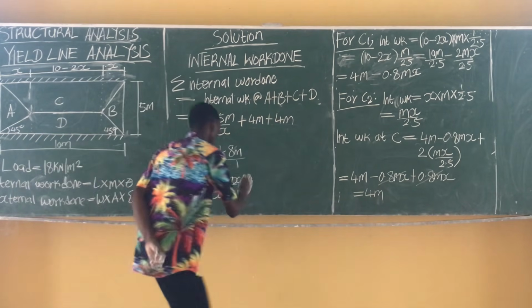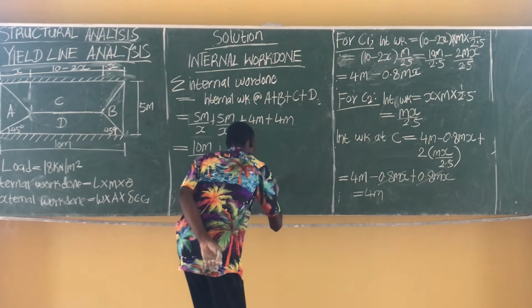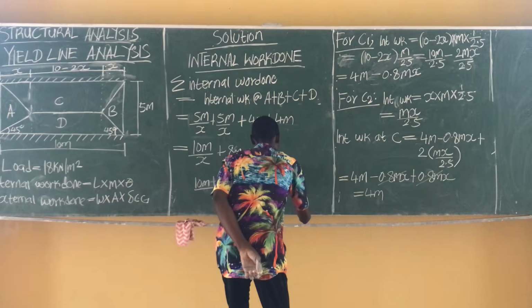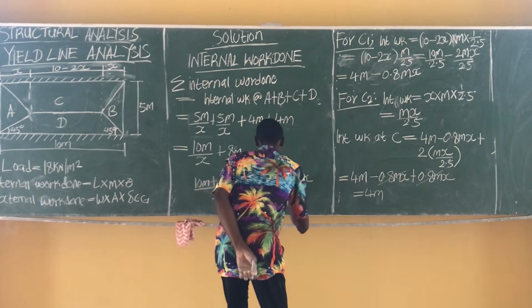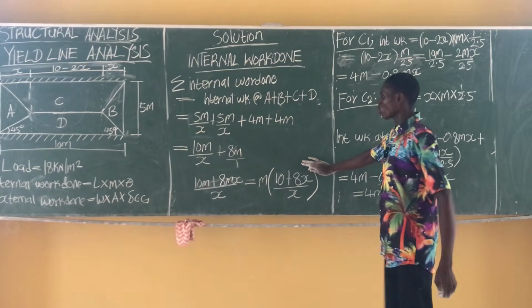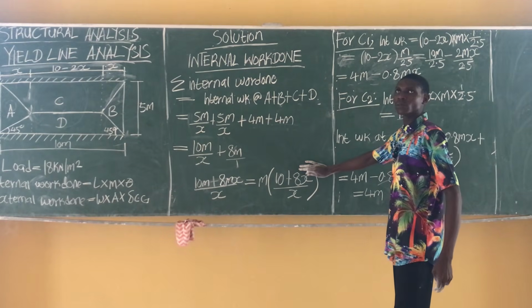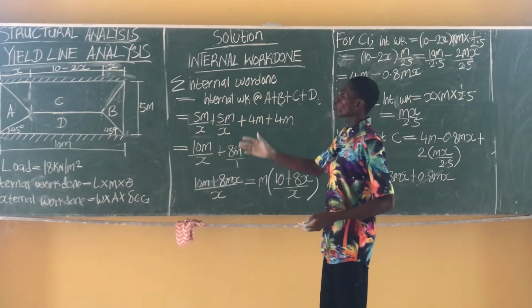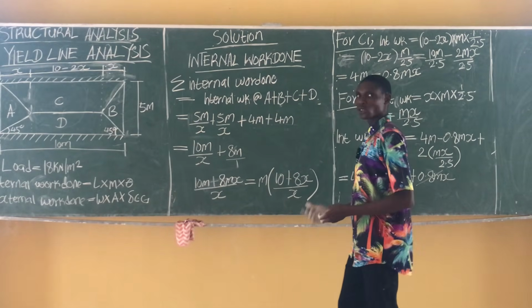So we have this to be equal to m into 10 plus 8x all over x. This is the expression for our internal work done. So our next step should be to carry out summation of external work done.